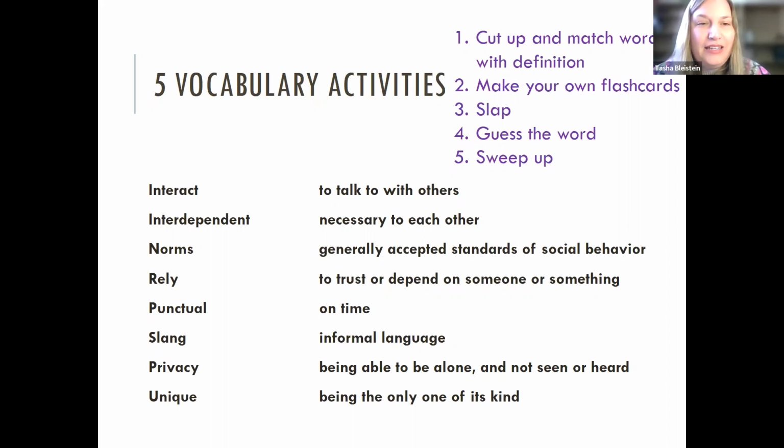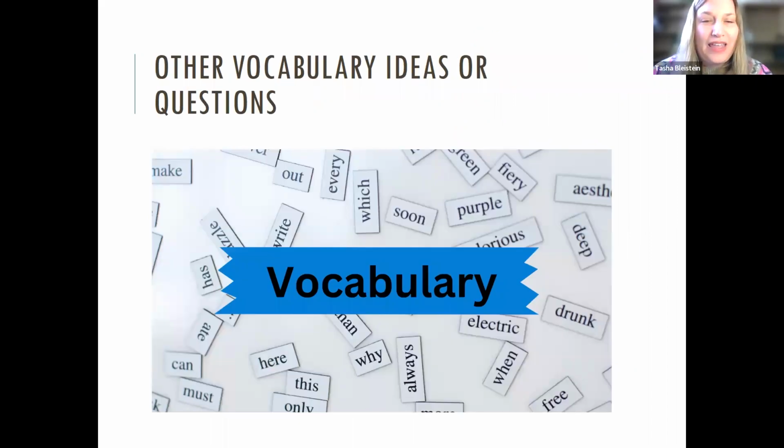And then we could end our fifth activity with the sweep up, where they have to create a sentence for the words. And if they can within the 2 minutes, maybe I give them a little bit longer, or 1 minute, then they get to sweep up that card. And so we have 5 different activities just with these vocabulary words. And I didn't need anything extra. We could do any of the other activities we talked about, like the dice roll too.